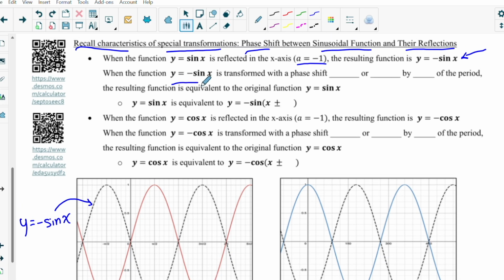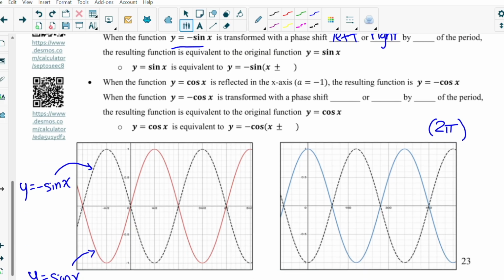When the function y equals negative sine of x is transformed with a phase shift left or right, let me write this neatly, sorry folks, left or right by how much of the period? So we know the period is 2 pi, either the cosine or sine.